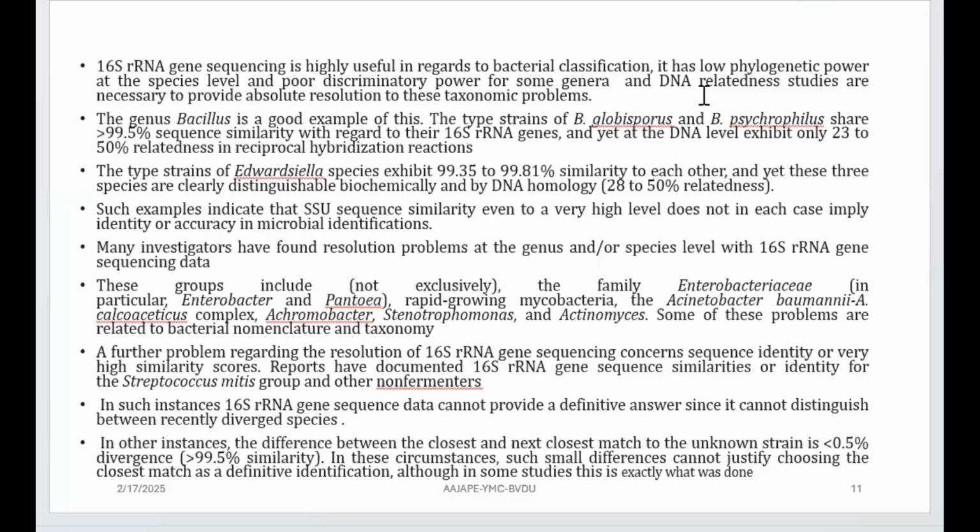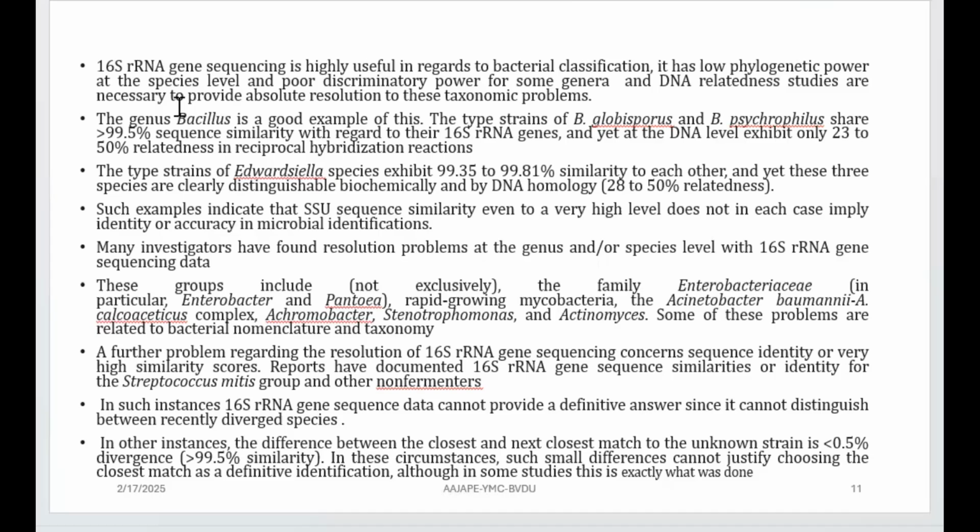But in addition to that, what is said is it is not really very good at resolving the isolates at the genus level, right? And you have to go for DNA relatedness, that is hybridization tools. They are necessary for taxonomic profiling of the organism.